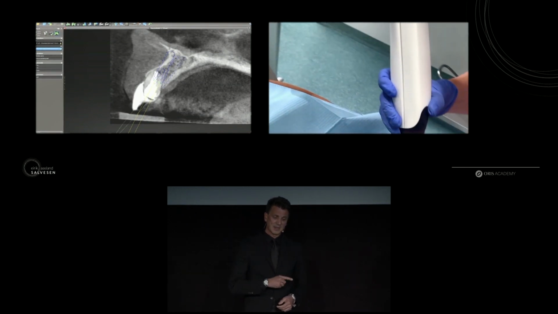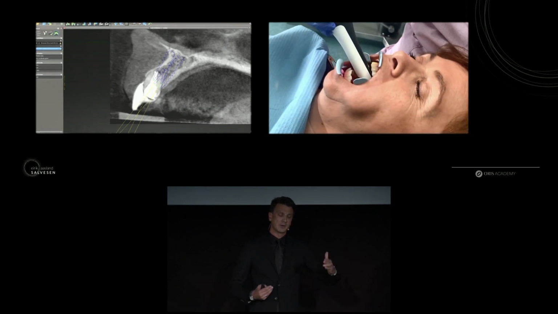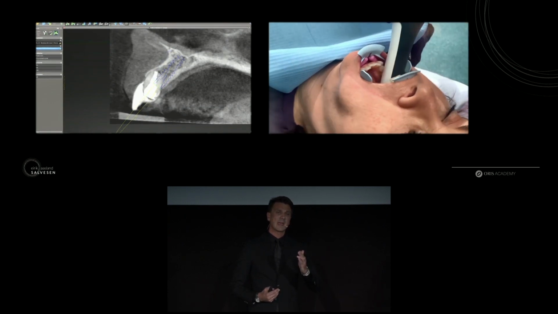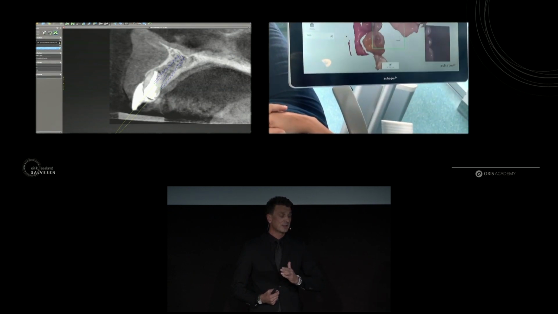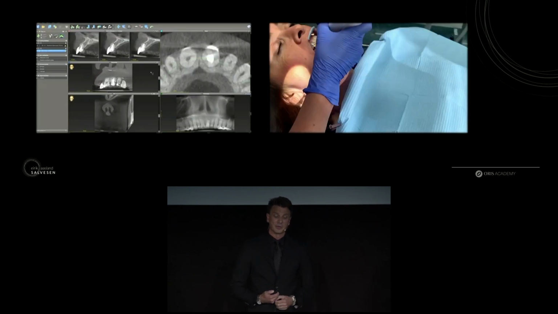We need to plan, and if you know how the axis of a root goes into the jaw compared to where you're supposed to place your implant, this is basically the most important information that you can have in these cases, because you cannot follow the axis of the root.